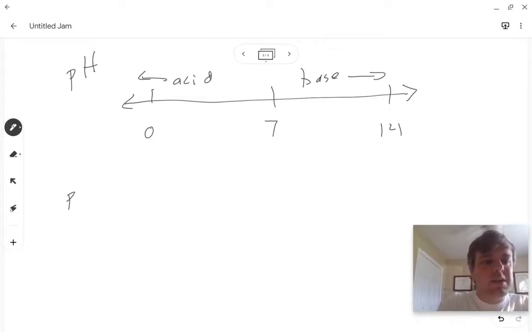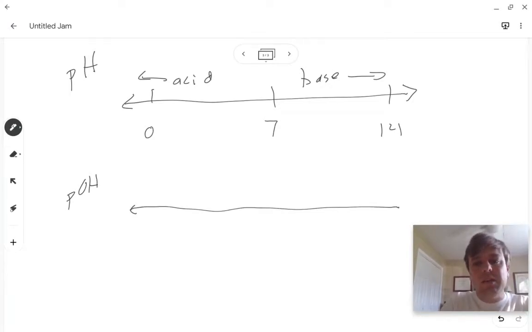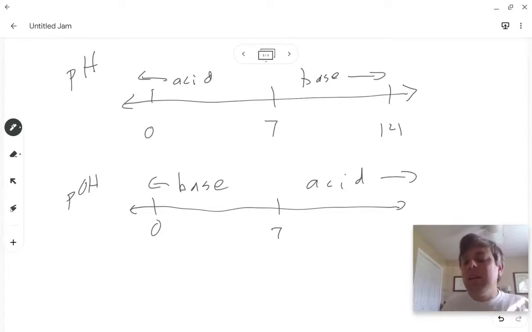If we're looking at a pOH scale, it moves in the opposite direction. So down here is base, and above 7 is acid. And yes, it is actually possible for you to go below 0 or above 14. We're not going to really work with those cases in this class, but just be aware that it is possible.